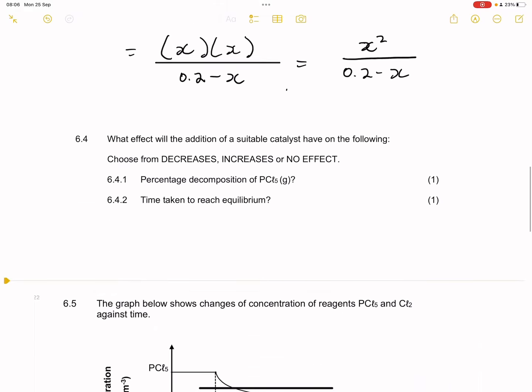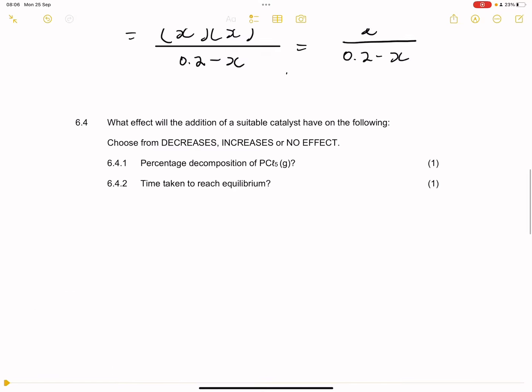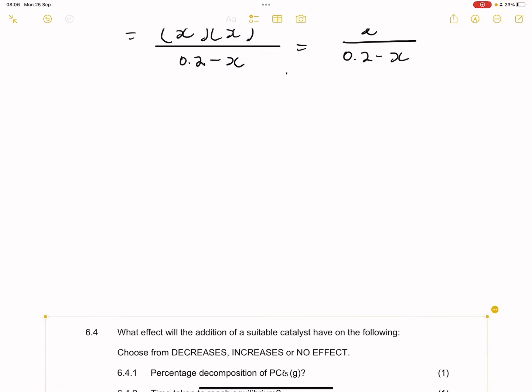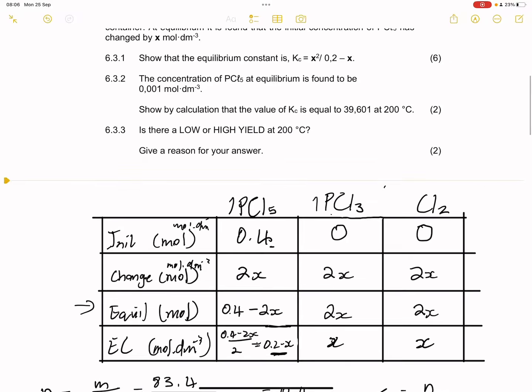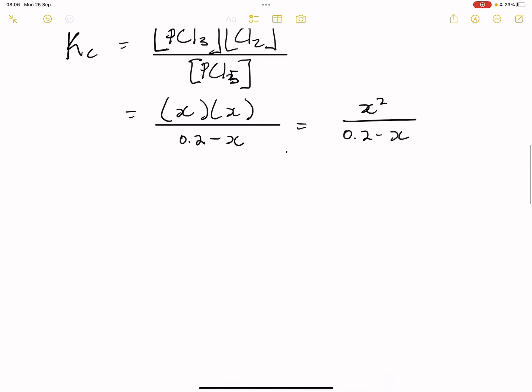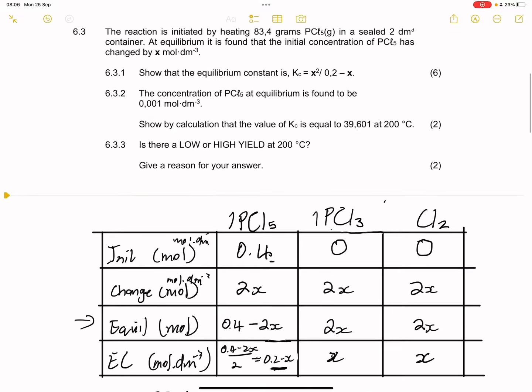Let's make some more space again. So in 6.3.2, we're going to say 0.2 minus x is equal to 0.001.